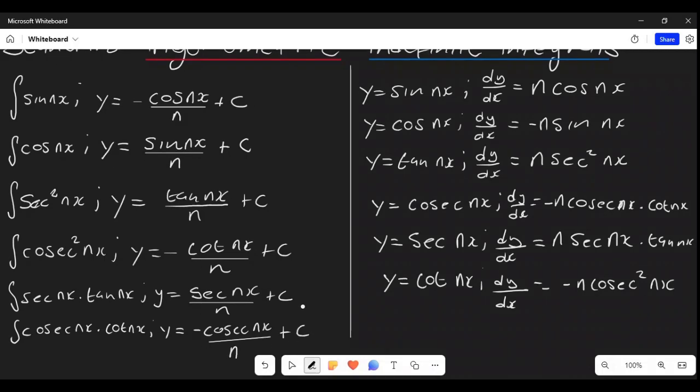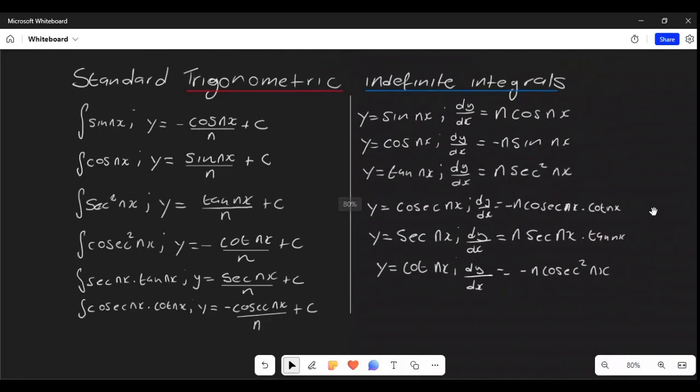Guys, as you can see, it's just the reverse of this. Remember, when we integrate, we are reversing differentiation. On this side we are differentiating, and on this side we are integrating.